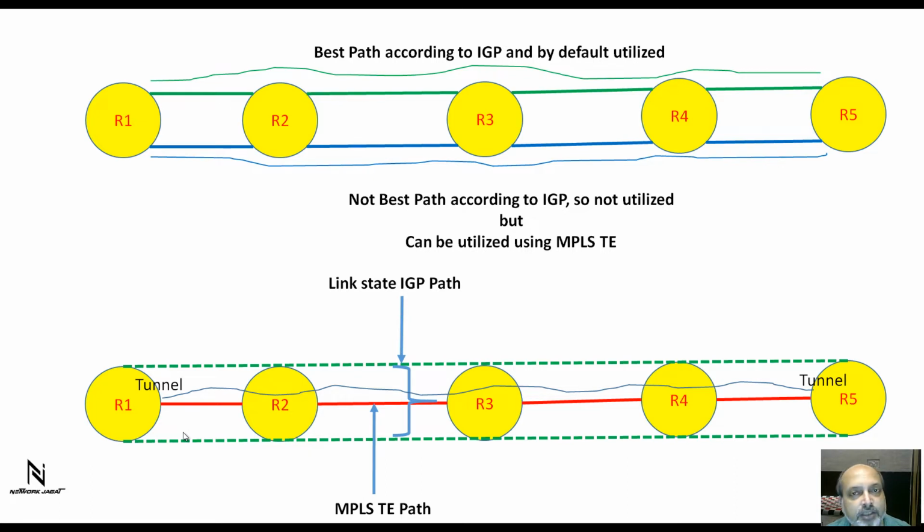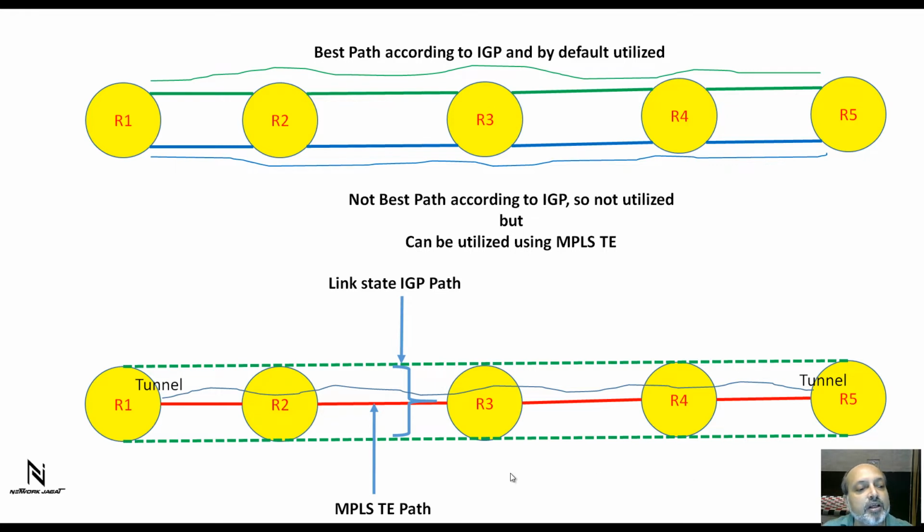They are not fast Ethernet links, not serial links, not any kind of fiber optic links, nothing. They represent a path, a logical something which is a path, and that is an MPLS TE path. Right. So this is an entire logical thing which we consider as the MPLS TE path. Once again, do not confuse them with physical links.